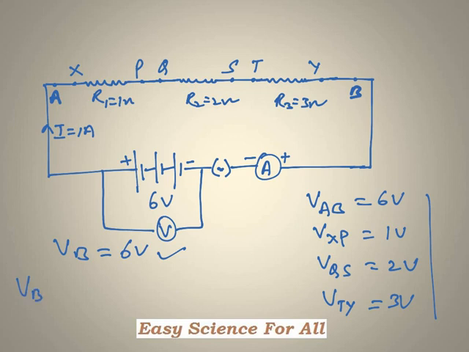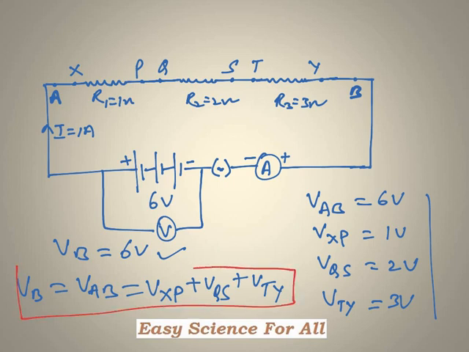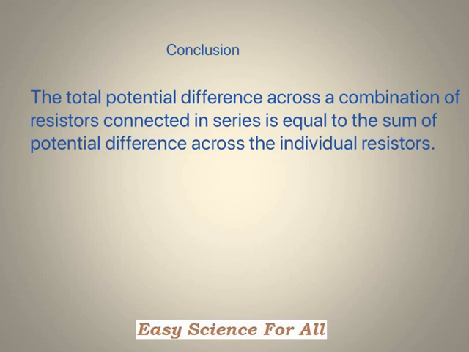The potential difference between the terminals of the battery is equal to the potential difference across the series combination, which is equal to the sum of potential difference across the individual resistors. So this thing has to be kept in mind while dealing with a series combination resistor problem.